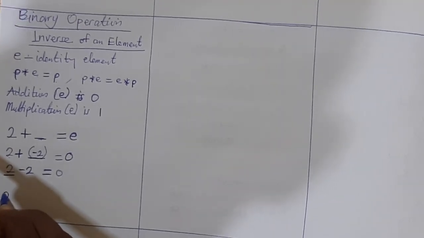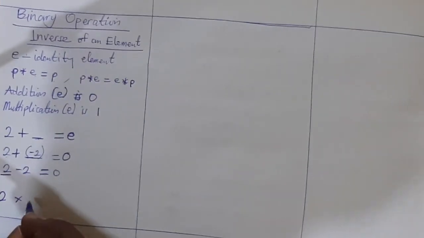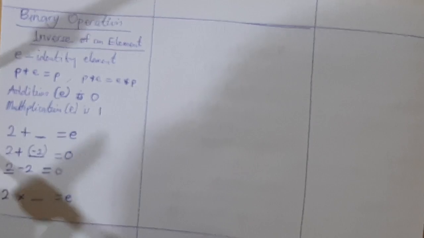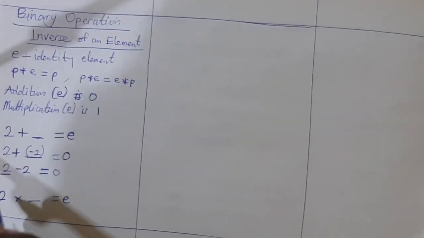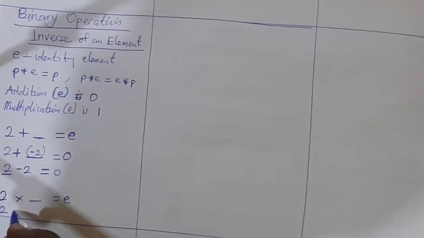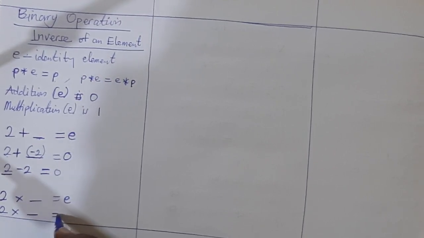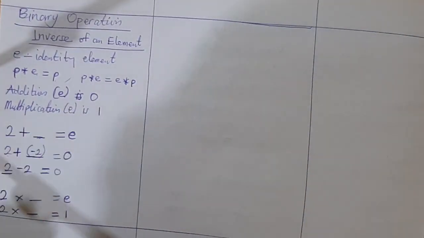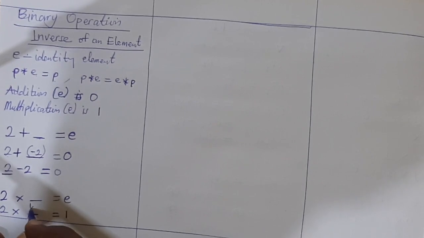Now let's try multiplication. I have 2 times a certain value, which should give me the identity element. And if you remember correctly, the identity element for multiplication is 1. So if I have 2, what value will produce the answer 1? Again, if we are thinking correctly, we have half.